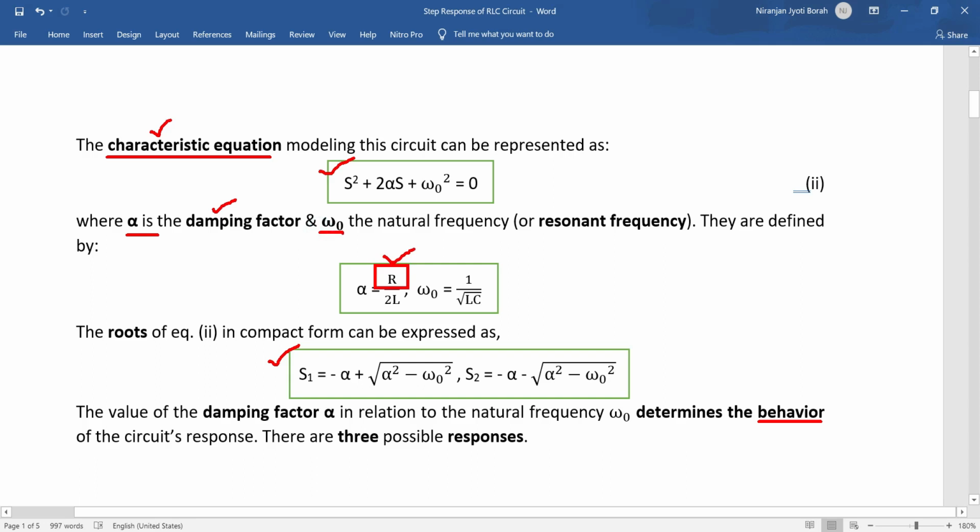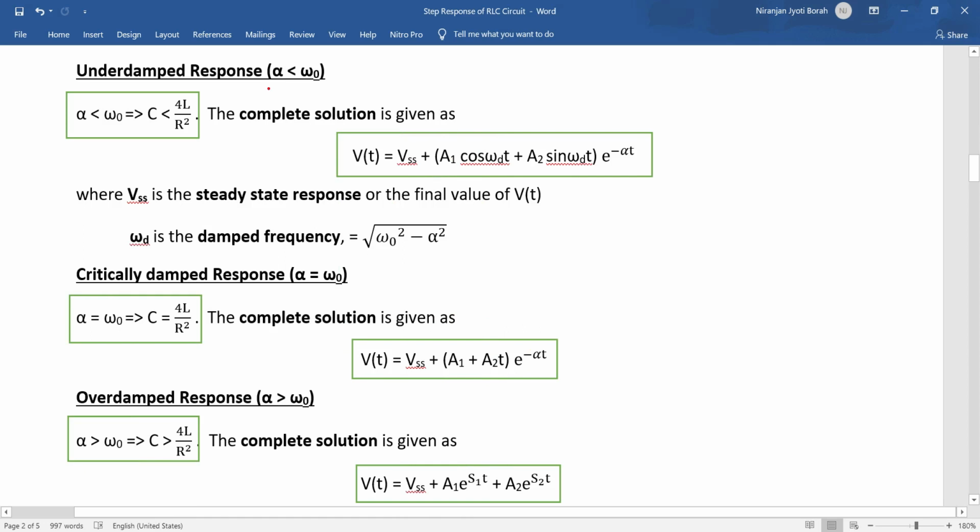Omega naught represents the resonant frequency, which is given by 1 by root over L into C. Depending on the values of damping factor and resonant frequency, we have three different types of responses. When alpha is less than omega naught, we get an underdamped response.